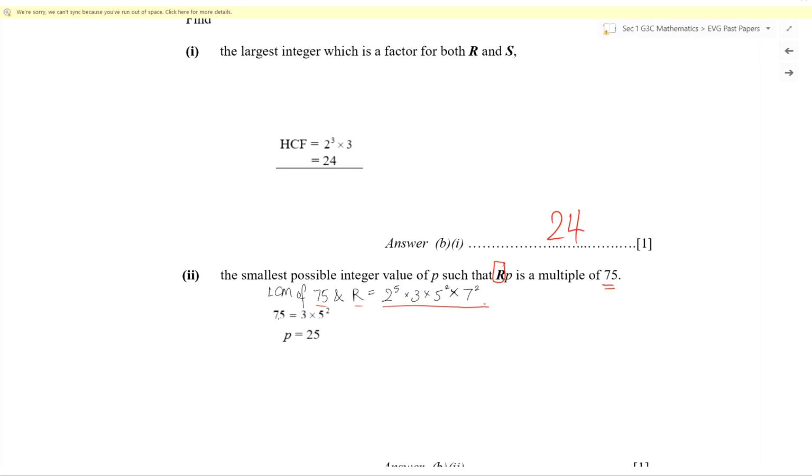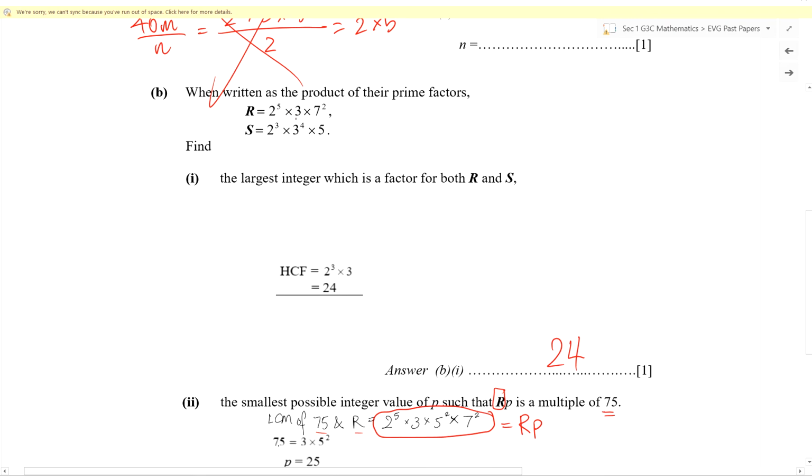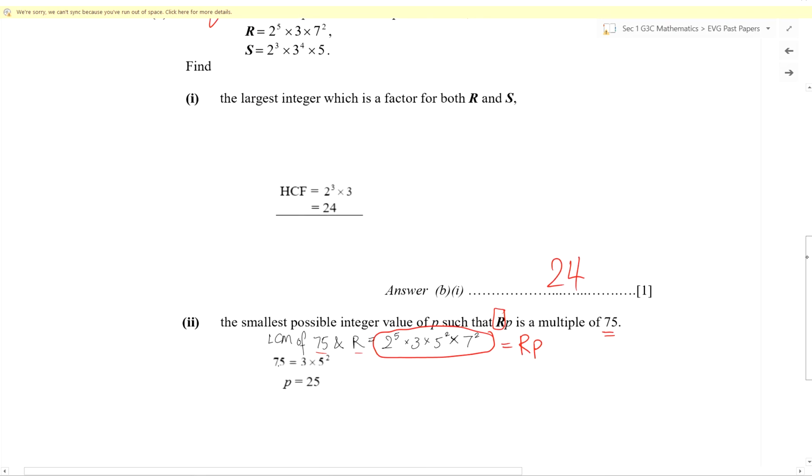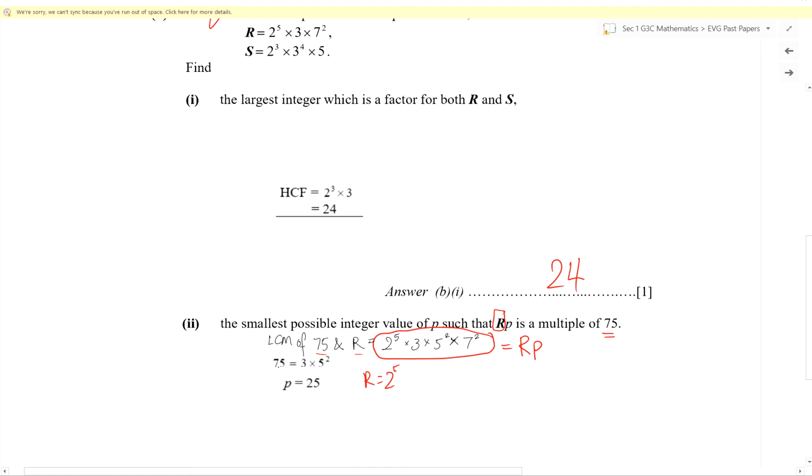After writing the LCM, this is going to be equal to RP. The LCM is actually going to be RP, and we're going to compare this with R. What does R look like? R equals 2 power 5 times 3 times 7 power 2.